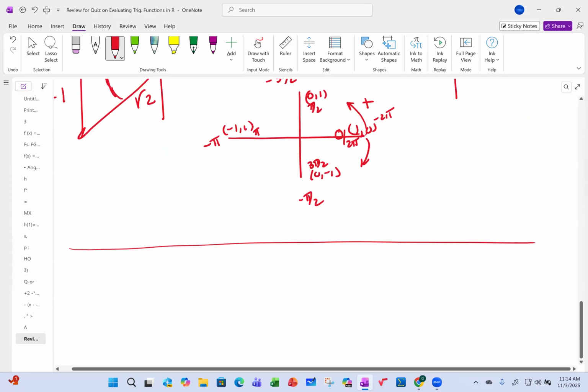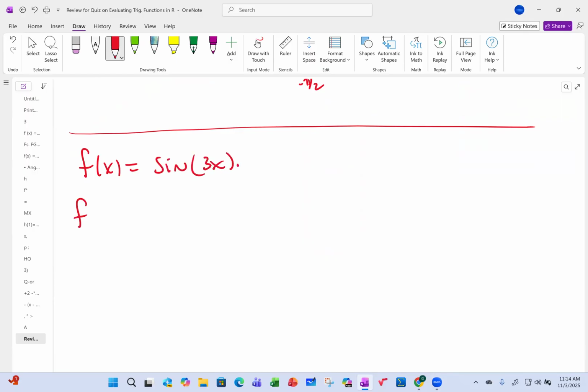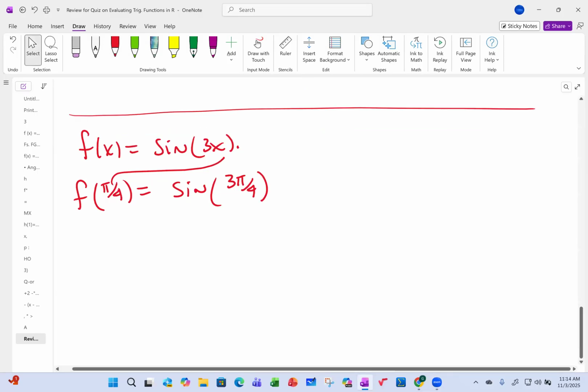In the very last part of your quiz, we'll have some questions. Suppose f of x equals the sine of 3x. Find for me f at pi over 4. So all that means to do is just replace x with pi over 4. And I'm just going to evaluate the sine of 3 pi over 4.